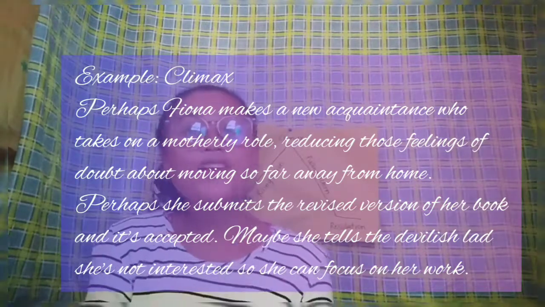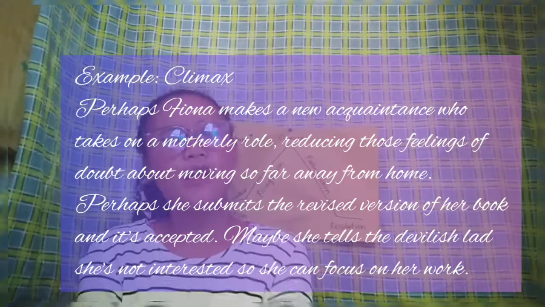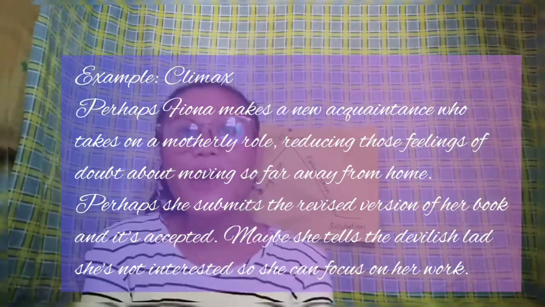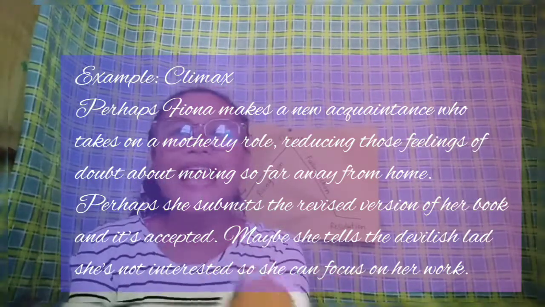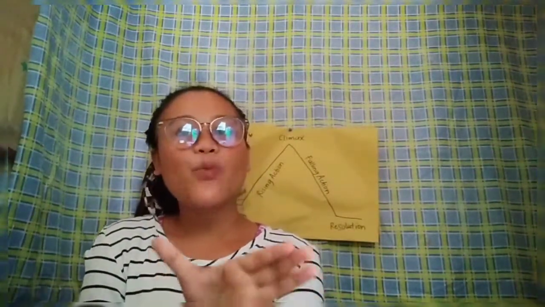Perhaps she submits the revised version of her book and it's accepted. Or maybe the other way around, she tells the devilish lad she's not interested, so she focuses on her work. Just as there are many avenues for action and conflict, there are many ways to bring a story to a climax. This will be the moment that stirs up the strongest sense of emotion in the reader.